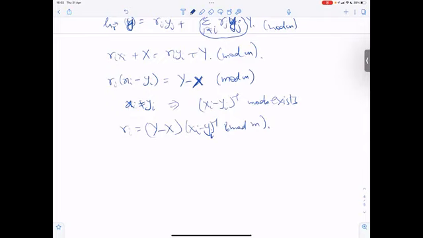Yes, sir. So now there is a unique Ri that works, that gives a bad result.